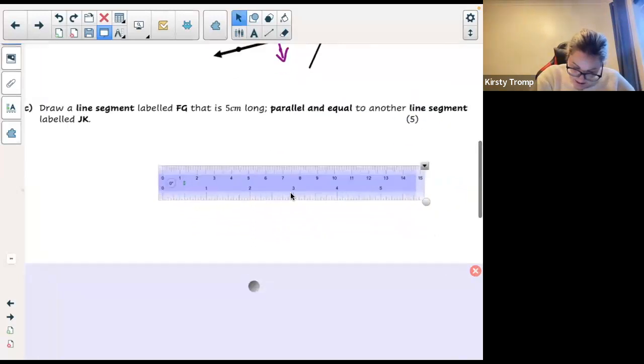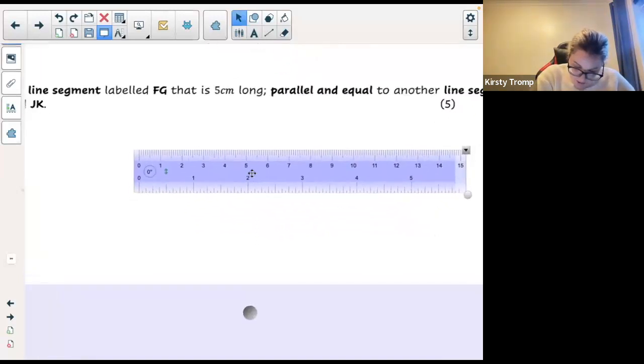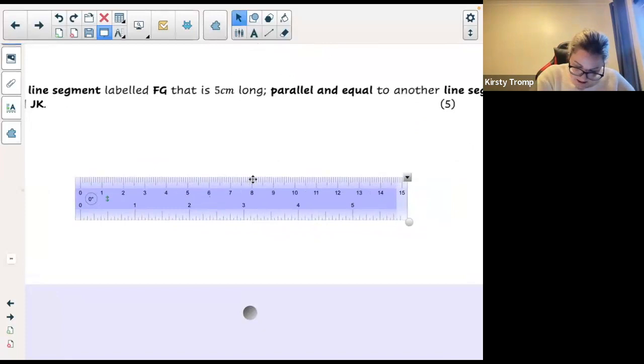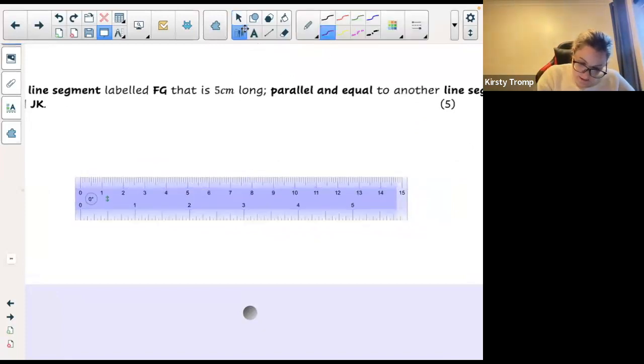My ruler, let's make him a bit bigger. We want 5 centimeters long. So let's do a 5 centimeter long line, from 0 all the way to 5. Whoopsie, it's a little bit long. We'll just grab our eraser very quickly.